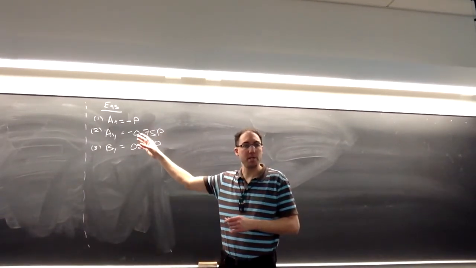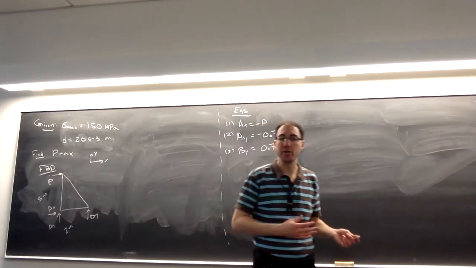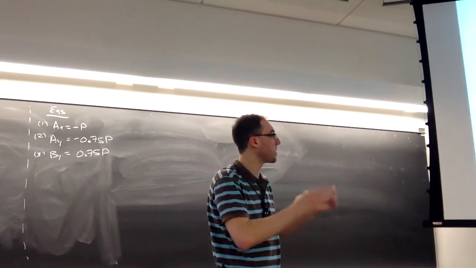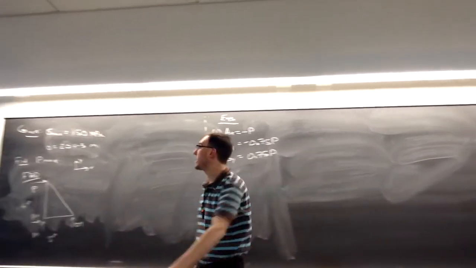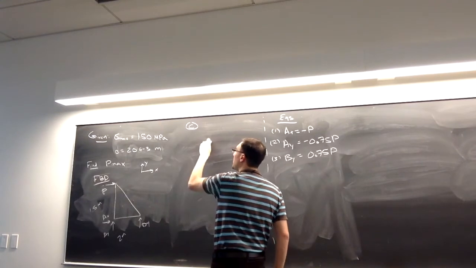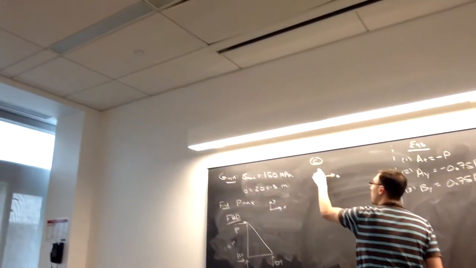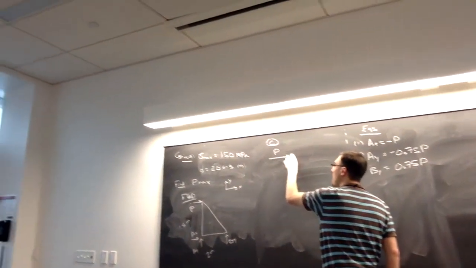With the external forces, I can now move on and find my internal forces, either method of sections or method of joints. Really, they're going to look exactly the same in this case because there are only 3 members. So if I look at point C, for instance, if I do a pin diagram on point C, I have that applied force of P. I'm assuming tension in my members.